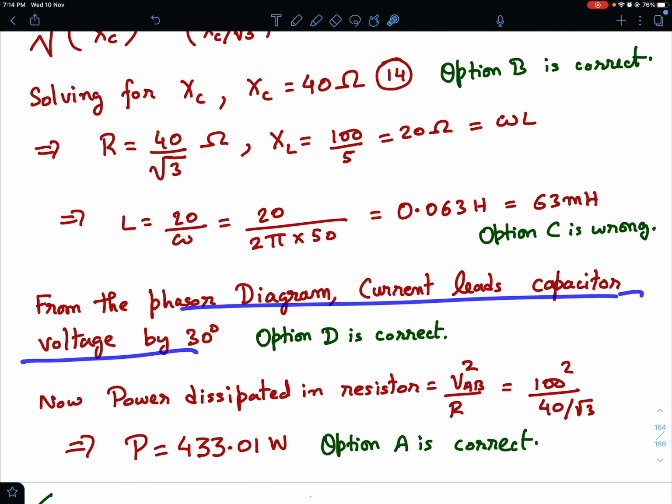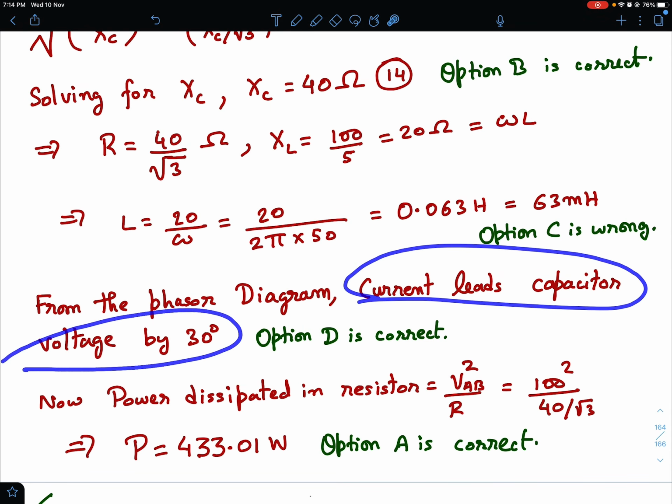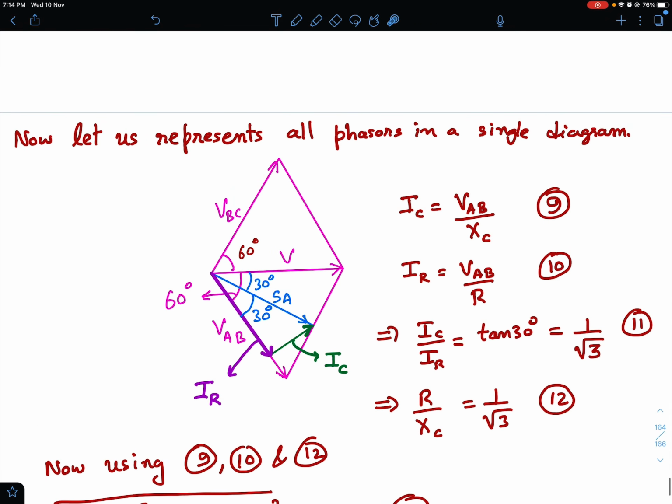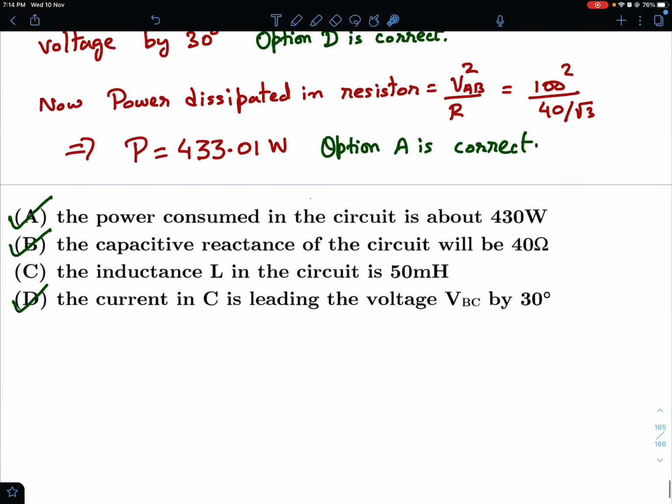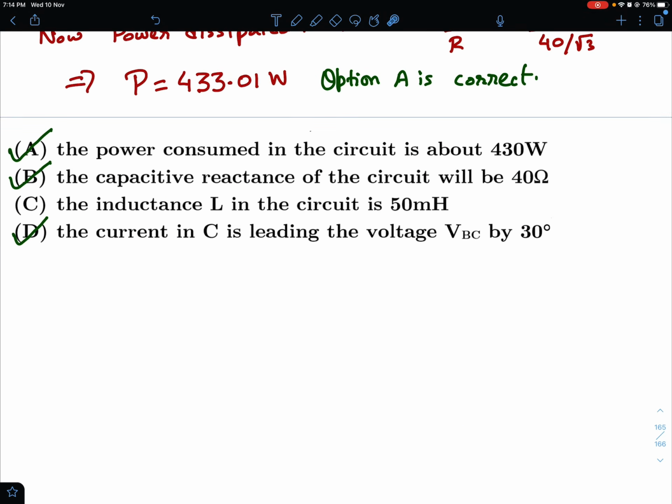And from the phasor diagram we can see that the current leads the capacitor voltage by 30 degrees. See, so this was your capacitor current, no, total current, sorry. So this option says that current in C is leading the voltage BC by 30 degree.